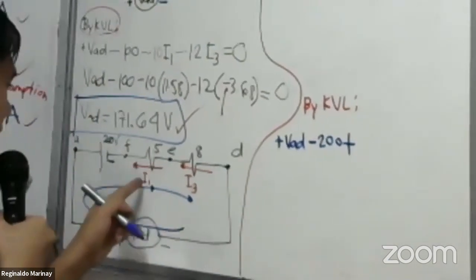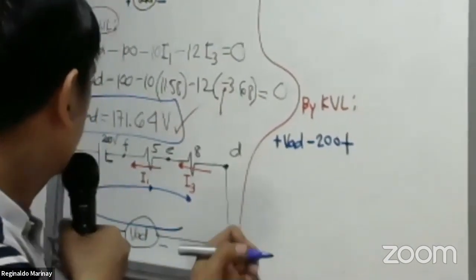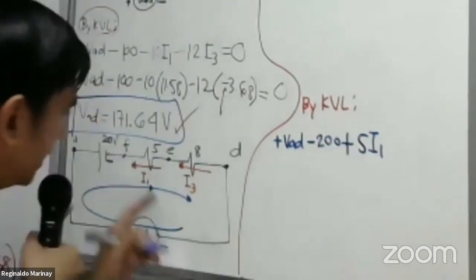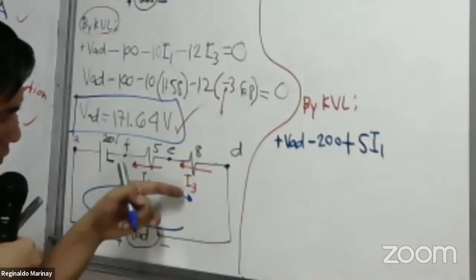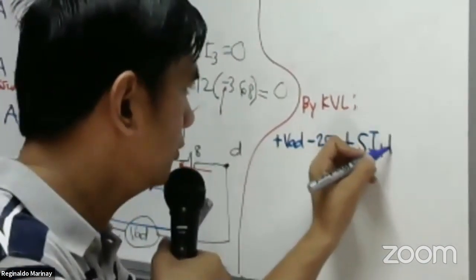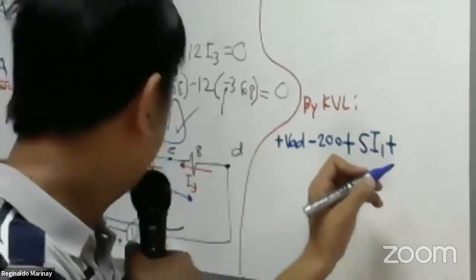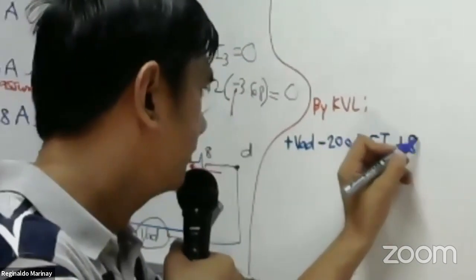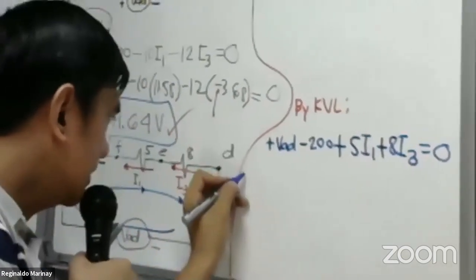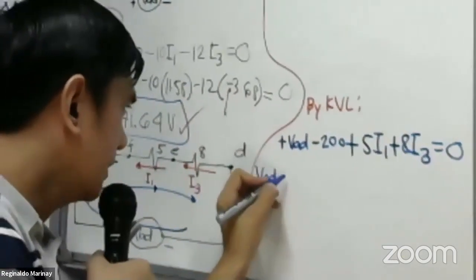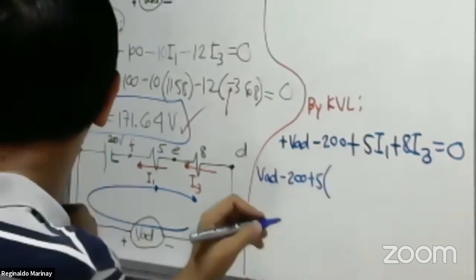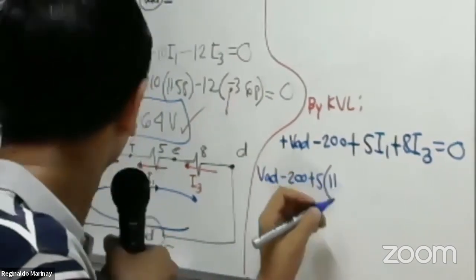Oh, by the way, I have to put here first our 5 I sub 1. Again, the circuit tracing is to the right, I sub 3 is to the left. So therefore, two directions, two lines. This is 8 I sub 3. That is equal to 0. So we just have to substitute minus 200 plus 5 times I sub 1, which is 11.58.